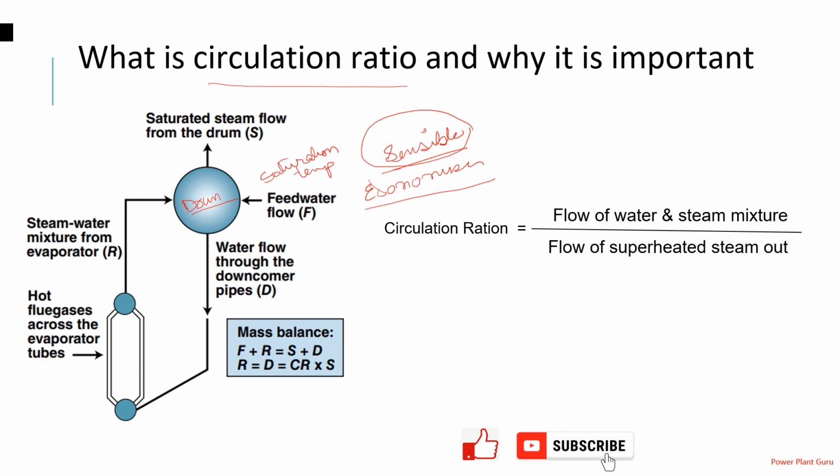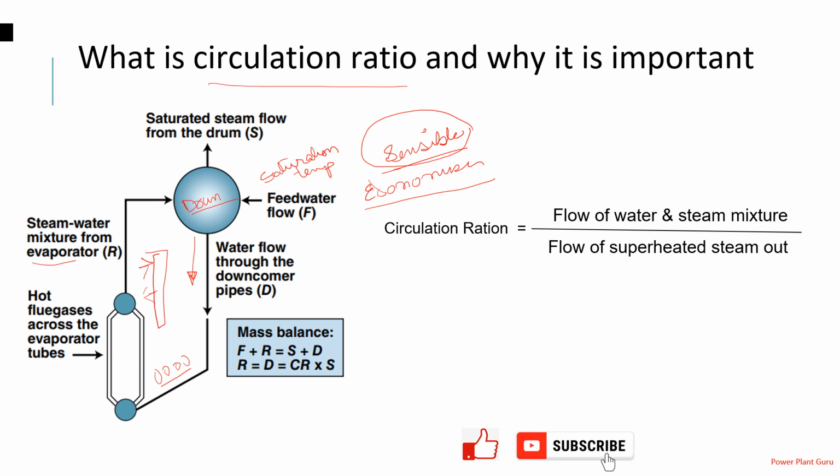Then you have your boiler, which is connected to your evaporators and your downcomers. As the name suggests, the water will come down through this pipe from the steam drum. Then let's say you have your evaporator tubes. Here there will be a heat source, some burners, or maybe a bed, CFBC, AFBC, or gas and oil based burners, or even pulverized fuel firing.